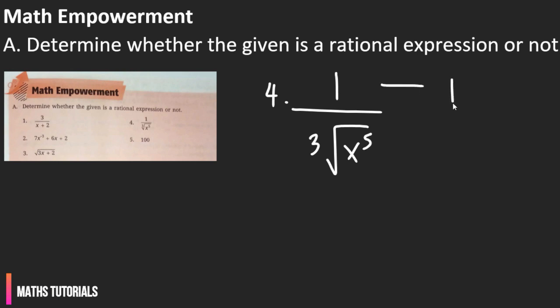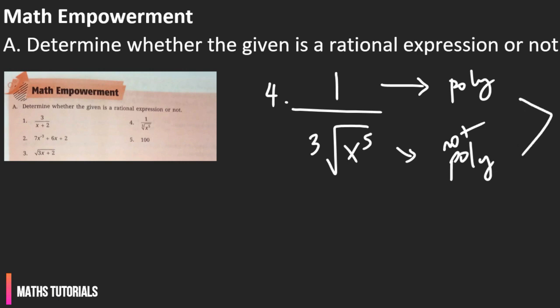Although 1 is considered a polynomial, the denominator is not considered a polynomial because the denominator is expressed as the cube root of a term, cube root of x raised to 5. Since one part of this expression is not a polynomial, it is not qualified to be a rational expression. So this is not a rational expression.